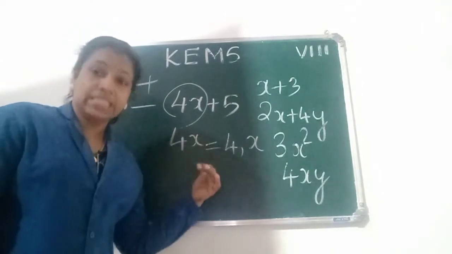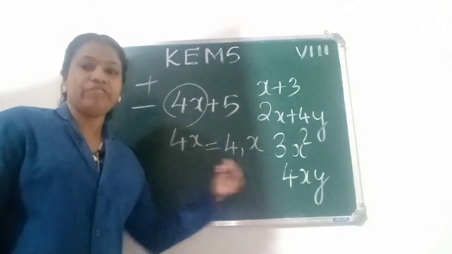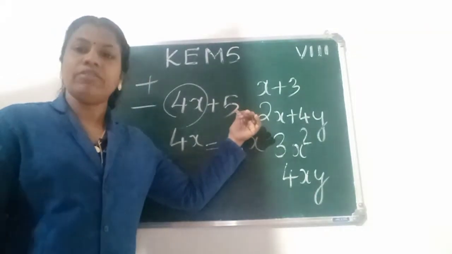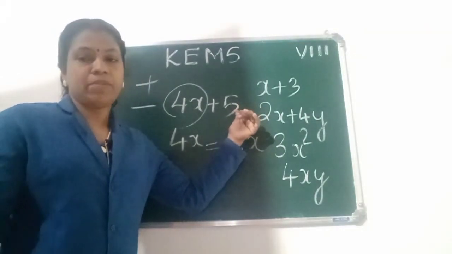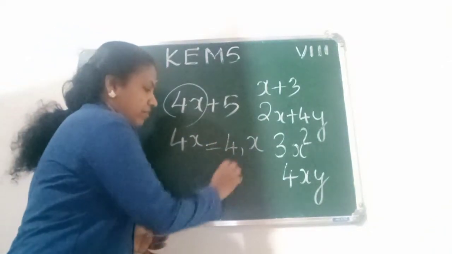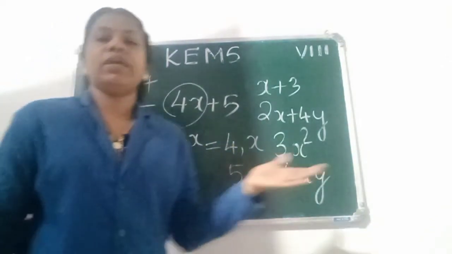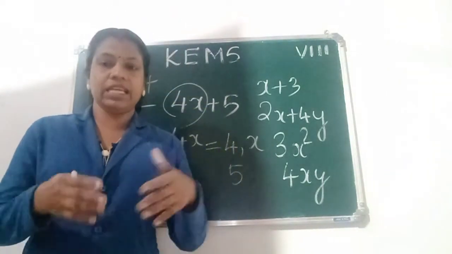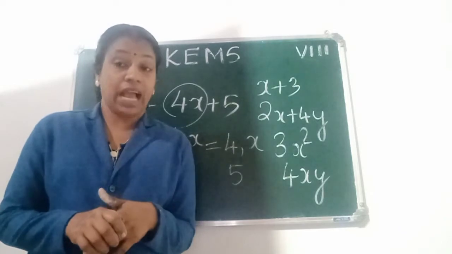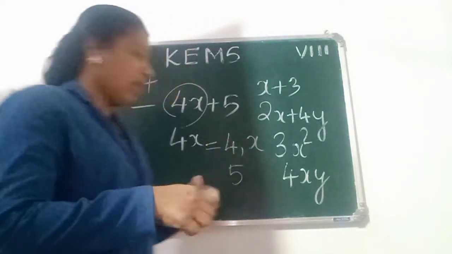Now, in the second term 5, 5 is made up of only its factor 5. So only one factor. Okay, clear? Factors.